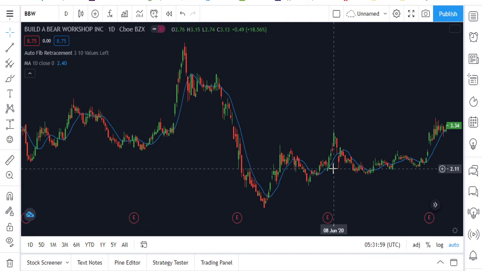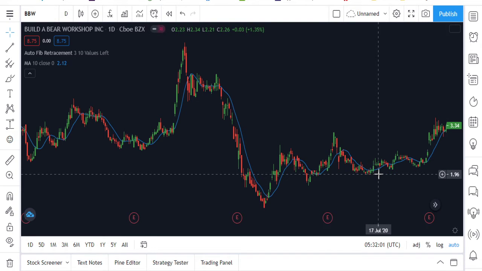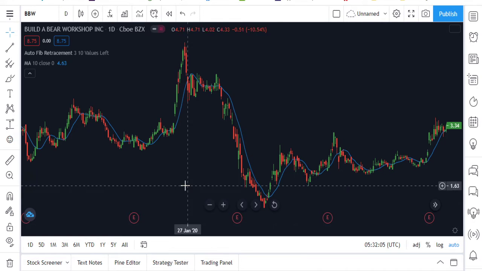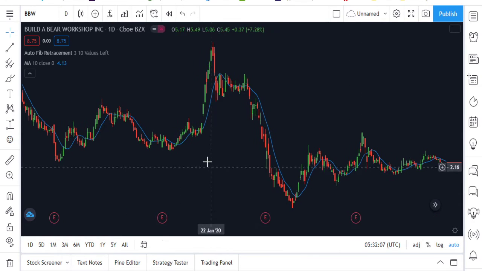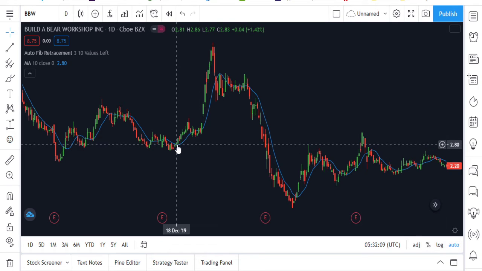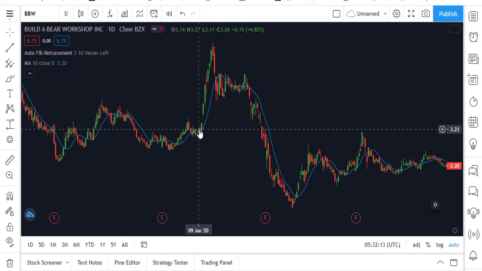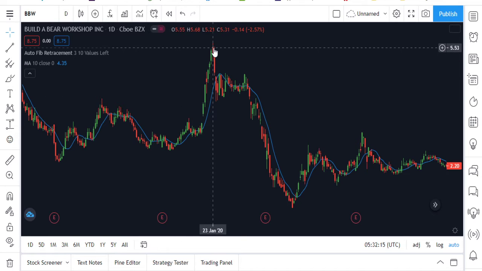That'd be like a swing trade, like a couple days, 2 or 3 days. See, like even right here, it broke out of the moving average, and it just kind of rode the line, and then it went up.